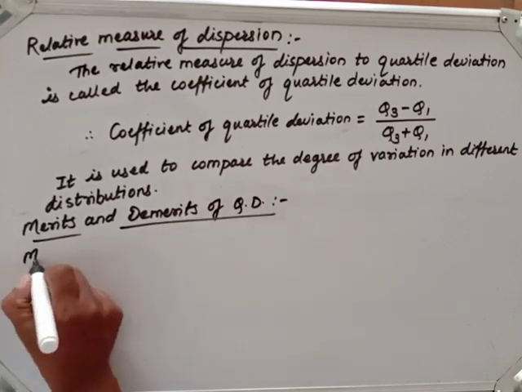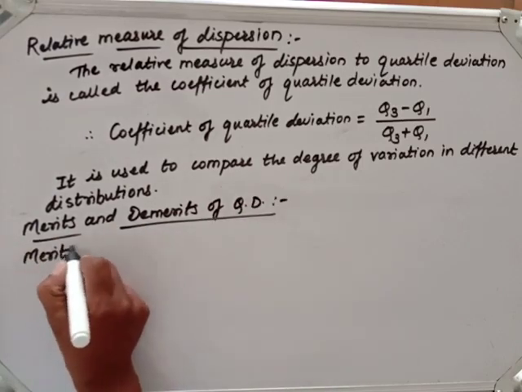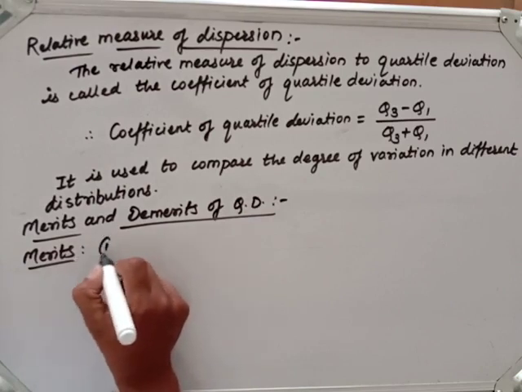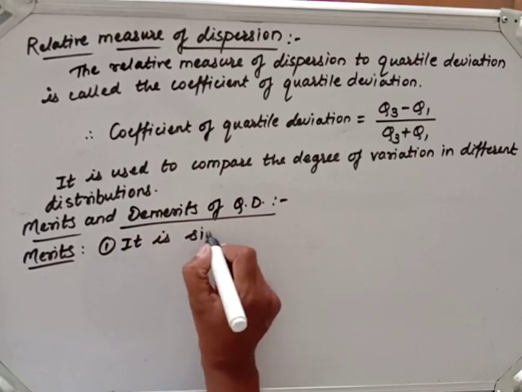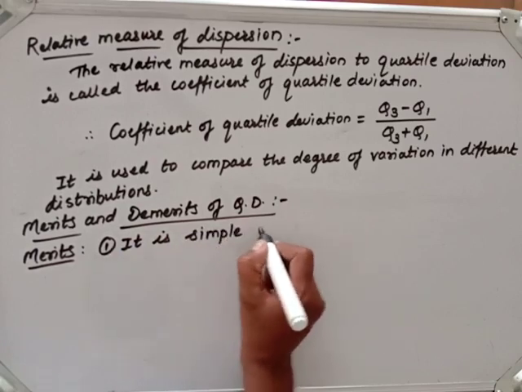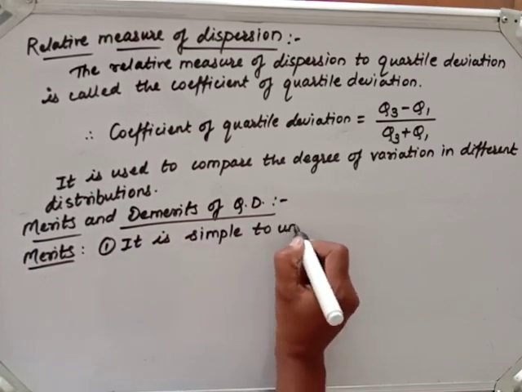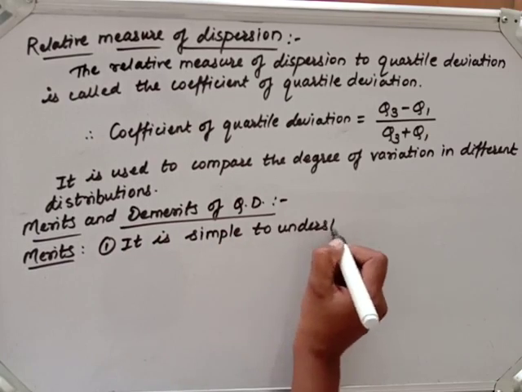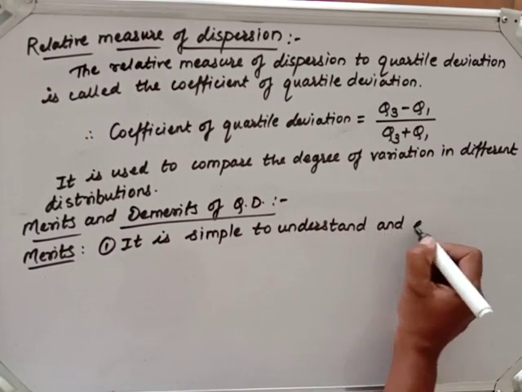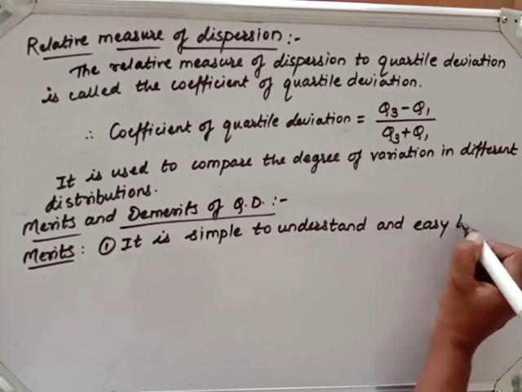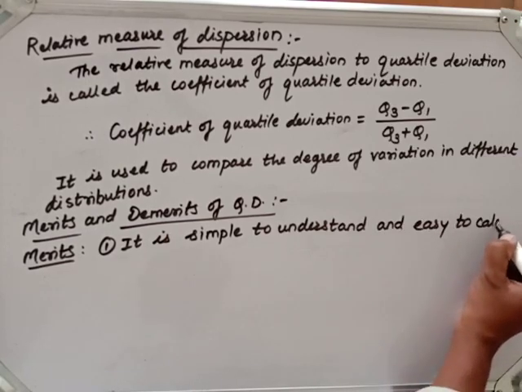Let us see merits. So the first merit is again the same everywhere. It is simple to understand and easy to calculate. Okay.